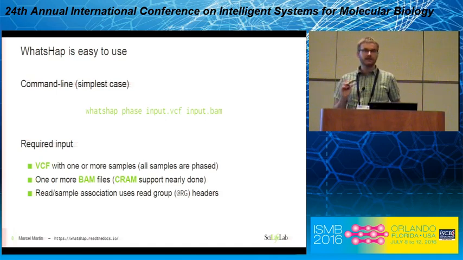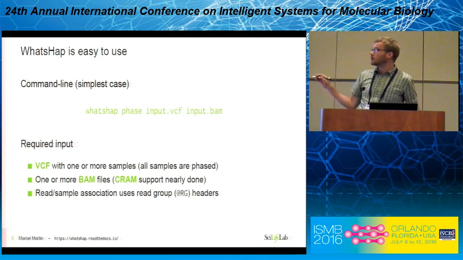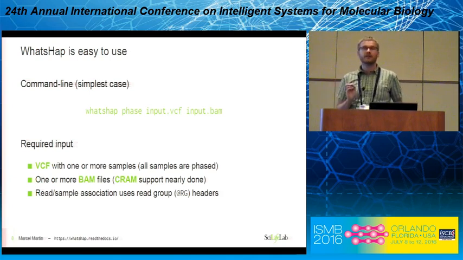The only thing that you really have to take care of is that the metadata stored in the header of your BAM file is accurate, such that if you want to phase multiple samples, WhatsApp can find in which BAM file it needs to look for the reads that belong to the specific sample that is being phased.